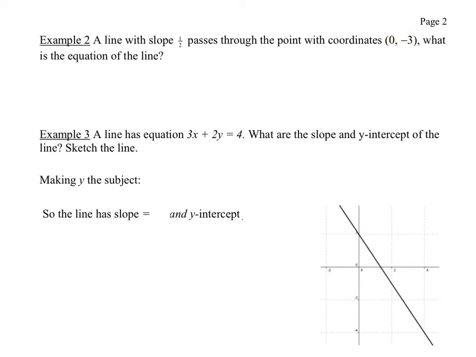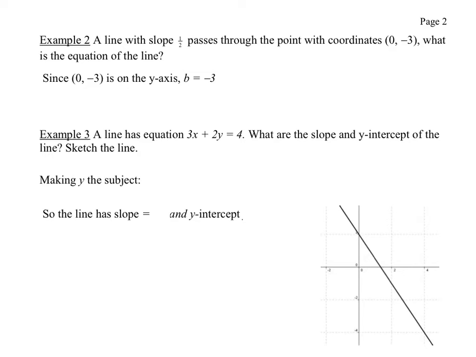This point, incidentally, 0, negative 3, is on the y-axis. It is the y-intercept. So, if you're going to write the equation of that, we know what the slope is, right? And we know what the intercept is.